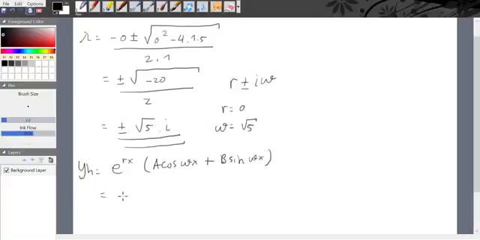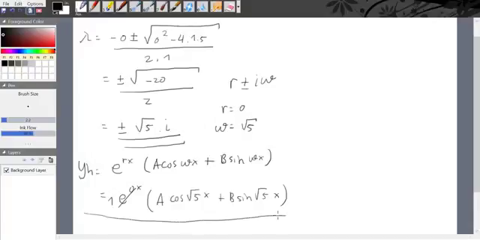So this equals e to the 0x, which we can cancel out as any number to the power 0 is equal to 1, times a cosine square root of 5 x plus b sine square root of 5 x. So we already have the homogeneous solution over here.